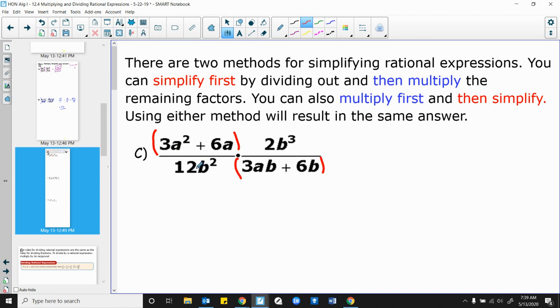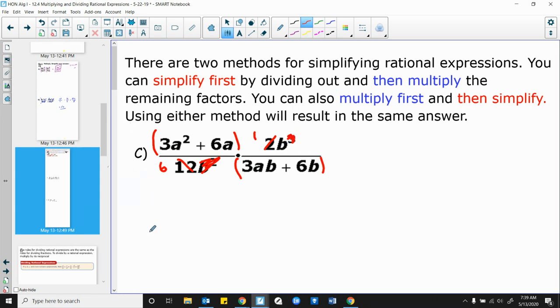Now, down here, I can cancel, okay? So for instance, how many times does 2 go into 2? Well, 1 time. How many times does 2 go into 12? 6 times. Okay, this b squared and this b to the third, that's going to cancel. And the exponent, we're going to take 2 of those away and just be left with b.